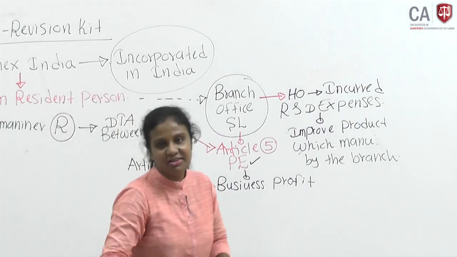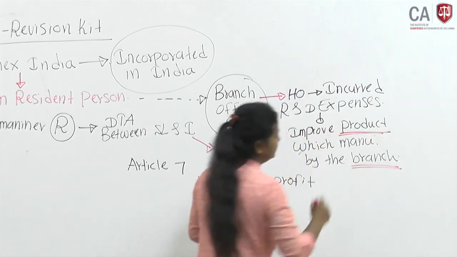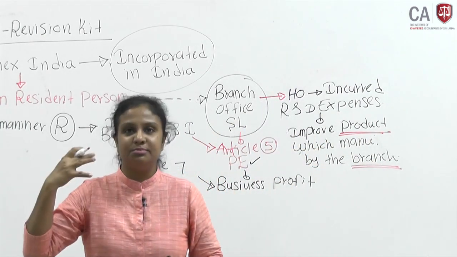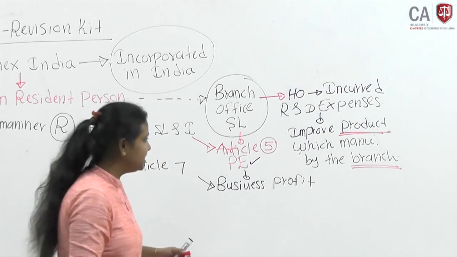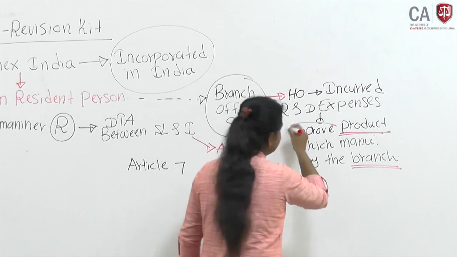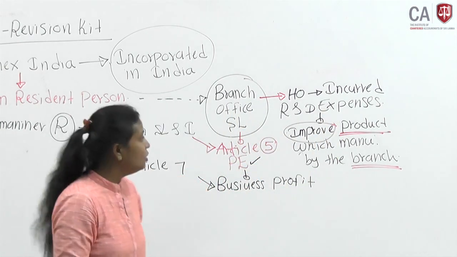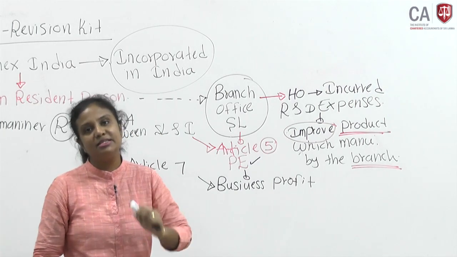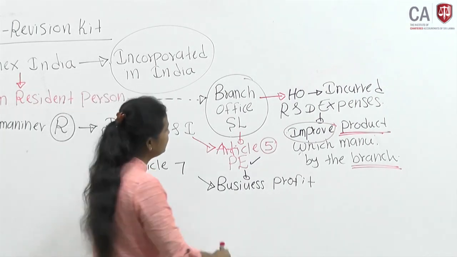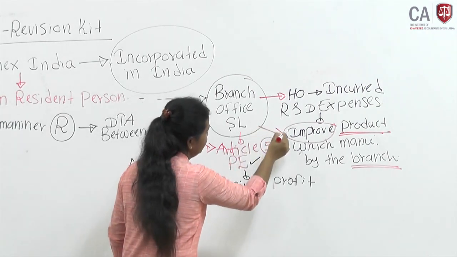Product is manufactured by the branch. To improve its production capacity and the quality of the product, who shall incur the expenditure? It should be incurred by the head office or the branch? It should be incurred by the branch.